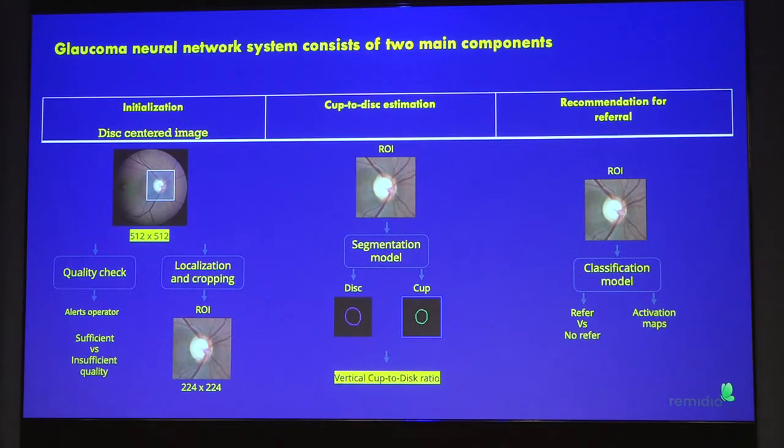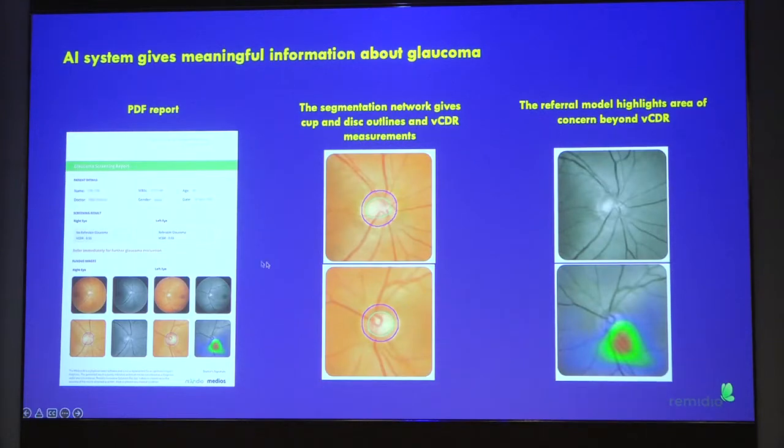It will then give you a PDF printout like this, and say within the disc and beyond the disc what it looked for, even a subtle RNFL defect, peripapillary atrophy. So it is trained to look into all these things beyond the cup to disc ratio, and you see the subtle defect here, which the map picks up. And then it gives you a PDF record whether to refer or not.